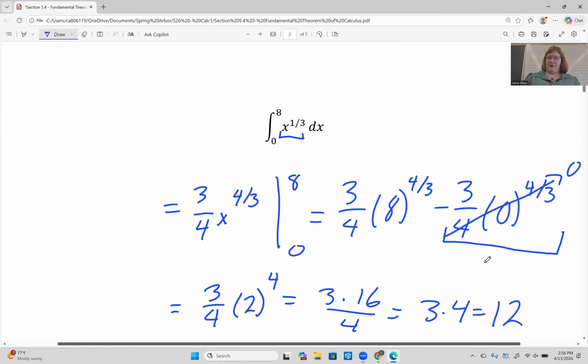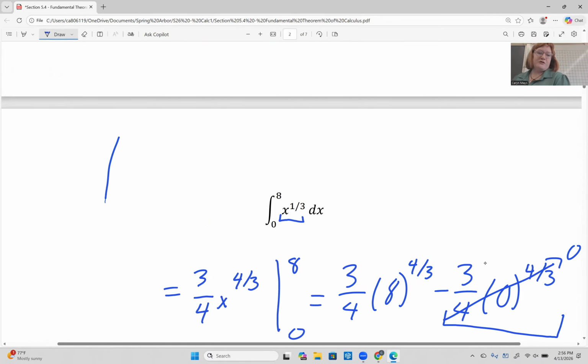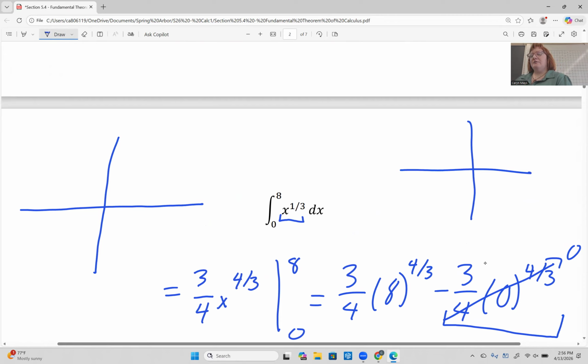So again, what we are saying is first, what does the function x to the 1/3 look like? What does x cubed look like? This is x cubed.